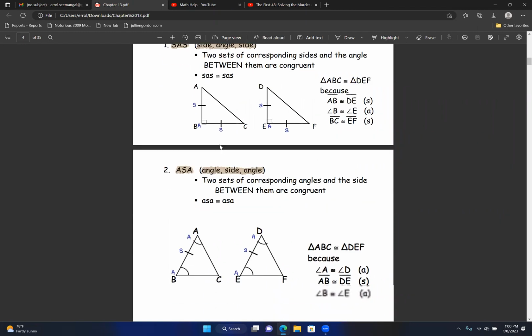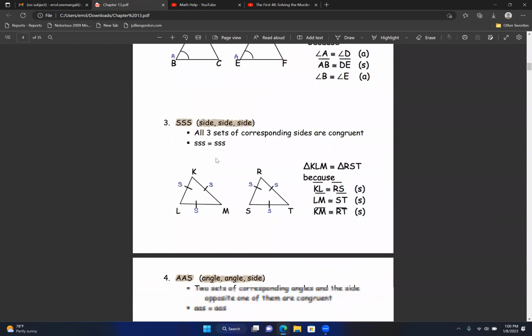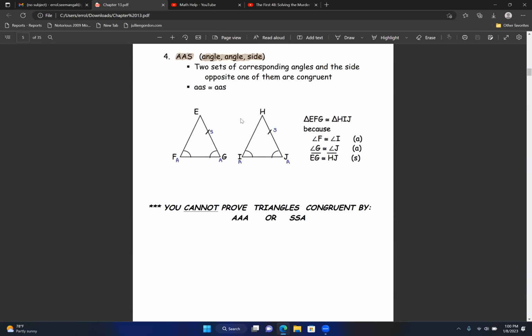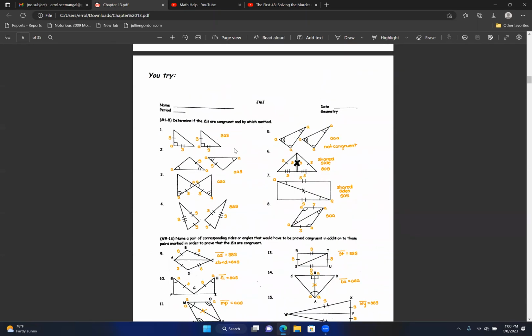SAS, side angle side. Number two, ASA, angle side angle. Side side side. AAS, angle angle side. You cannot prove triangles congruent by angle angle angle or side side side angle. And then they just give you some examples here, right?